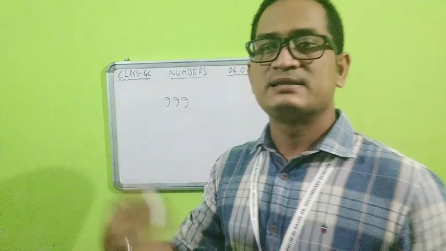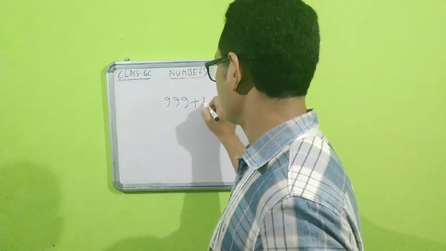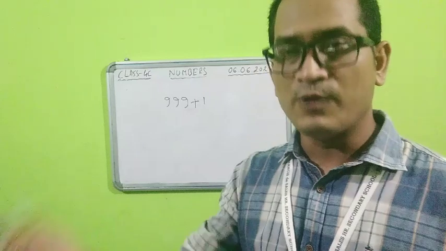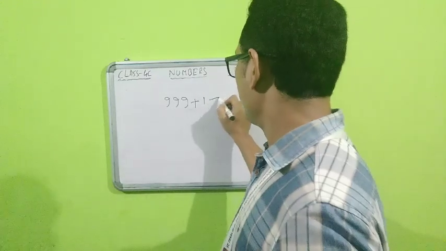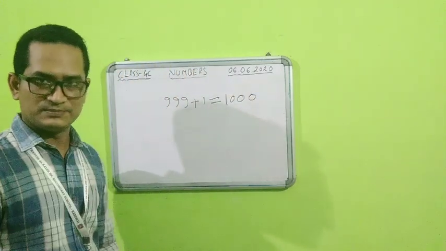What will be its successor? How do we find the successor? We need to add 1 to the number. If I add 1 to 999, we will get 1000.